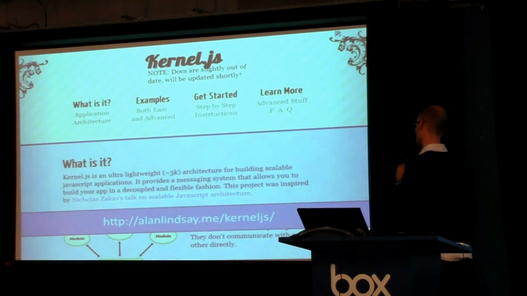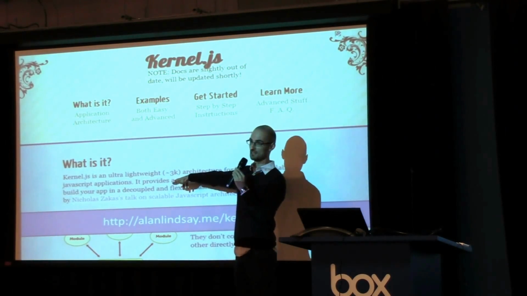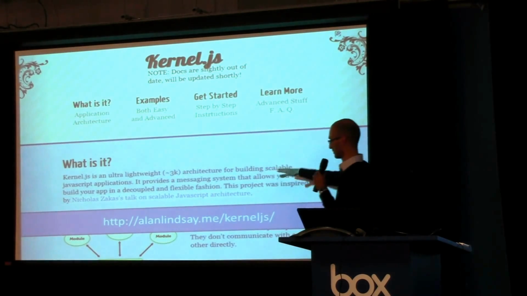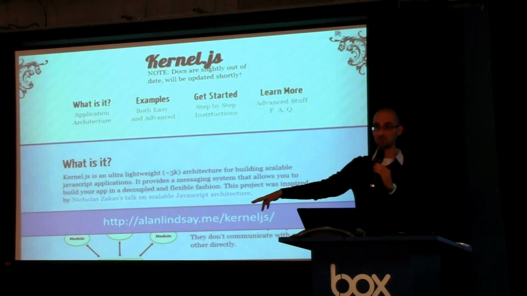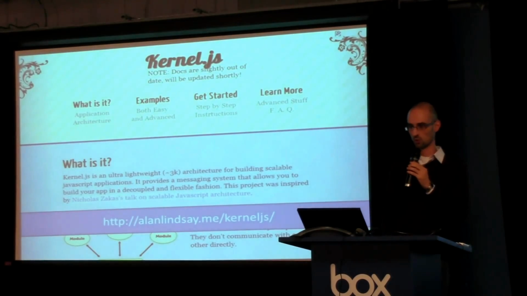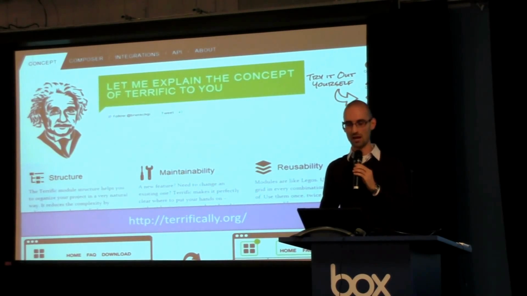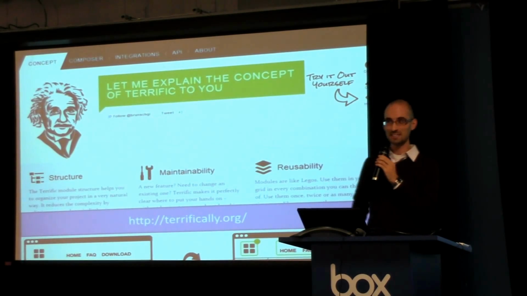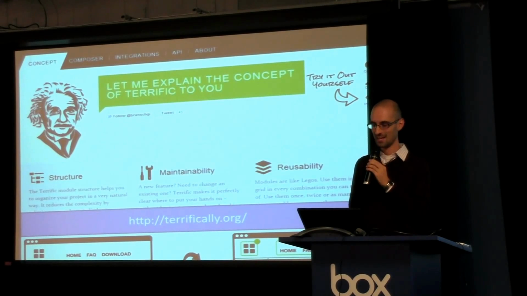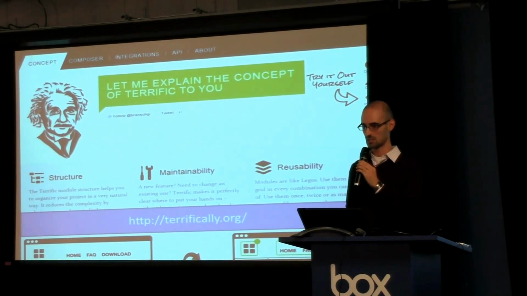Actually, what I like about this, I always forget to point out, is that this is 3K. Right? It's very small. And that's how I know that it was done right. Because if you're doing anything more than that, then you have too much in your core JavaScript. There's this larger application framework called Terrifically, which is a combination of JavaScript architecture, a CSS architecture, and a backend architecture.